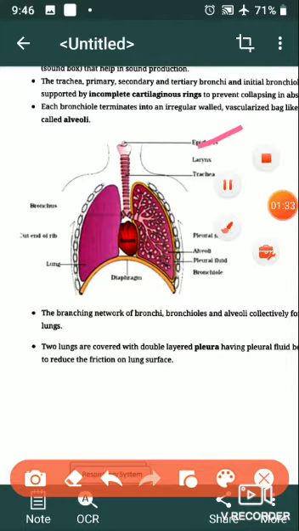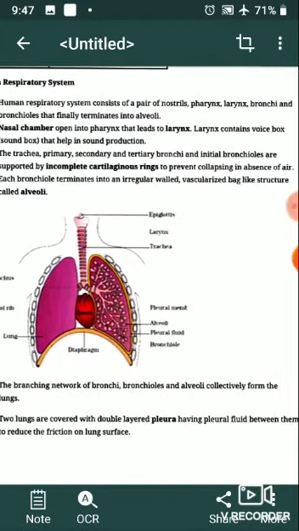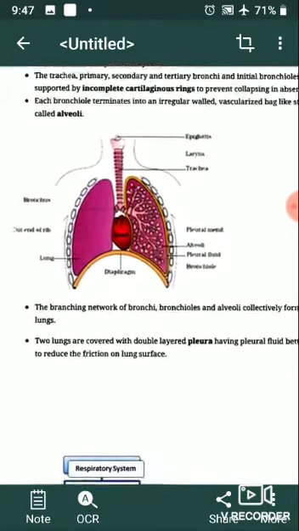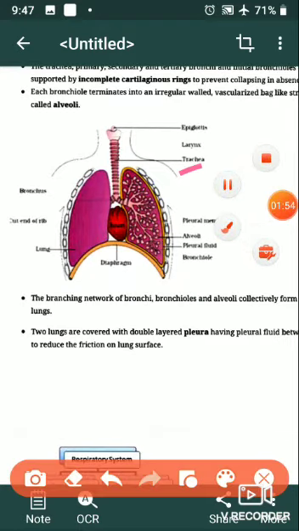Larynx leads to the trachea. Larynx contains the voice box or sound box for sound production.